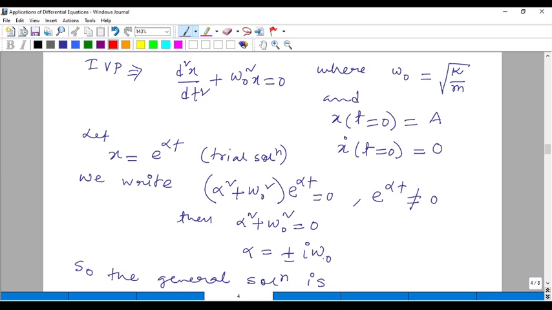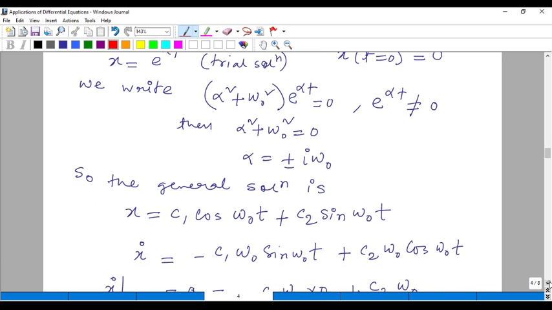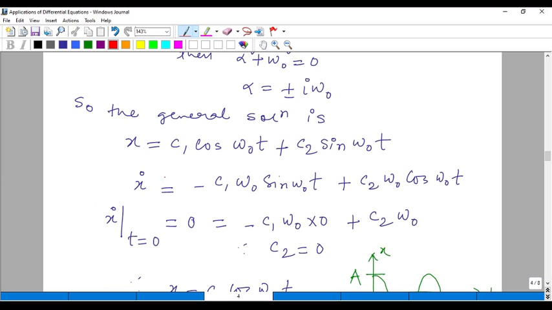The roots are complex and distinct, so we can write the general solution of that homogeneous differential equation as x equal to c1 cos omega 0 t plus c2 sin omega 0 t. And now taking a derivative with respect to time to get the velocity, x dot is equal to minus c1 omega 0 sin omega 0 t plus c2 omega 0 cos omega 0 t.